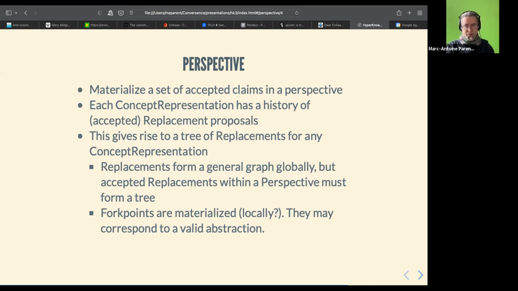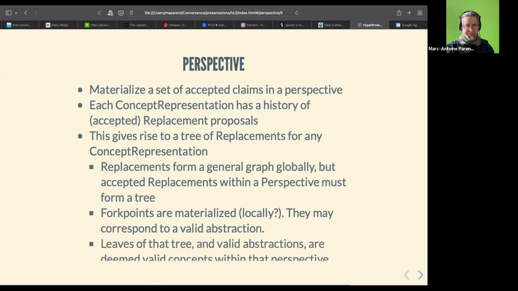Fork points may also correspond to a valid abstraction. Whoops, I had too much text here. This is a conversation we had about when the replacement corresponds to a name that has many interpretations. And this is the interpretation relation.